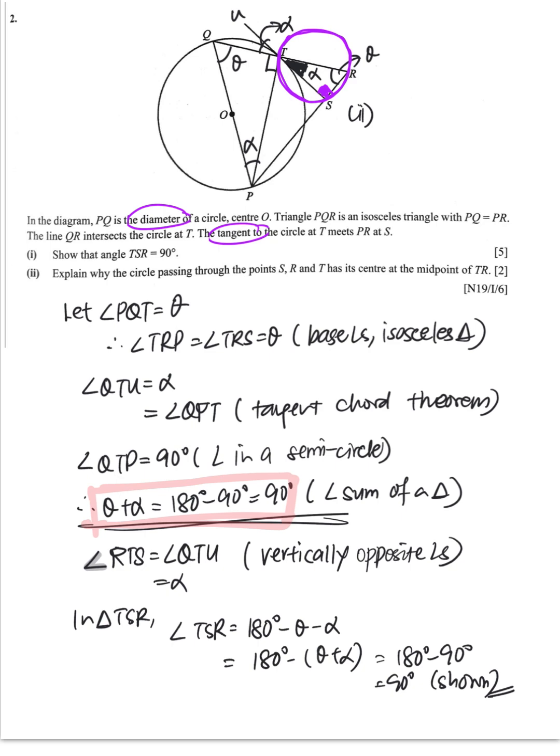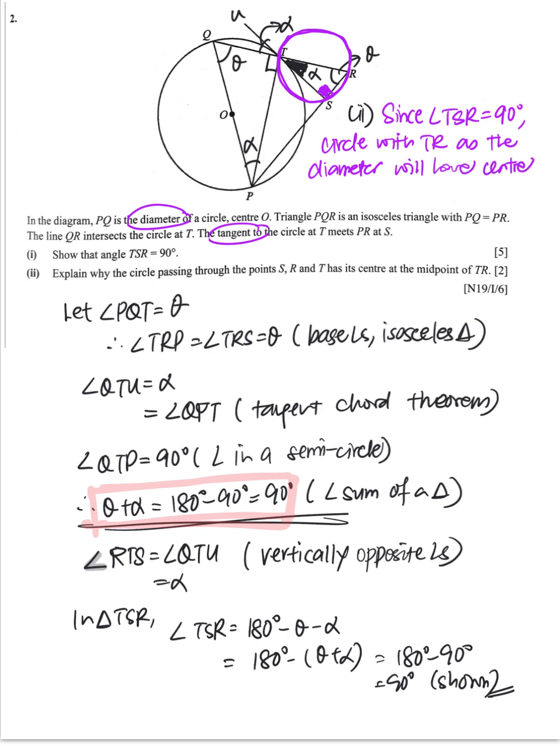Okay. So you say since angle TSR is equals to 90 degrees, circle with TR as the diameter will have center at midpoint of TR.